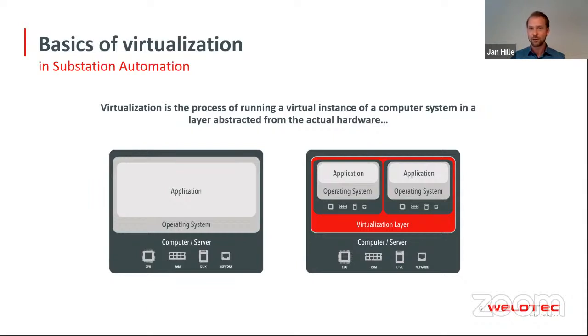We can assign smaller portions of these resources to each and every single virtual computer built on top of this layer. This can be one virtual computer or several, depending on the application's needs and the resources you have available on your server hardware. So these virtual computers are now handled pretty much like classic physical computers.